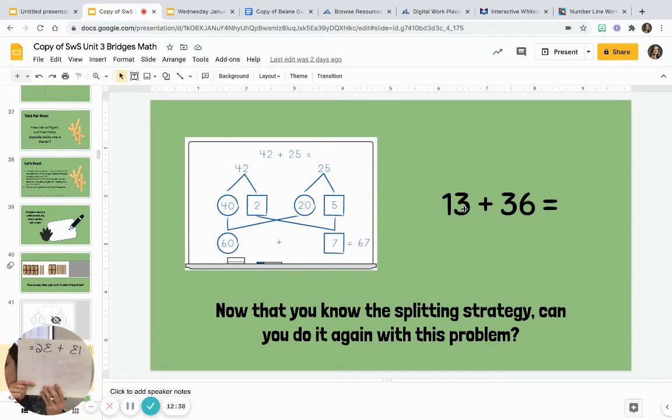I'm first going to look at my numbers in the tens place. How many groups of 10 do I have in 13? 1. So that equals 10. So I'm going to draw that. Just like that. That 1 equals 10. Right now the 3 is in the ones place, so that just equals 3.